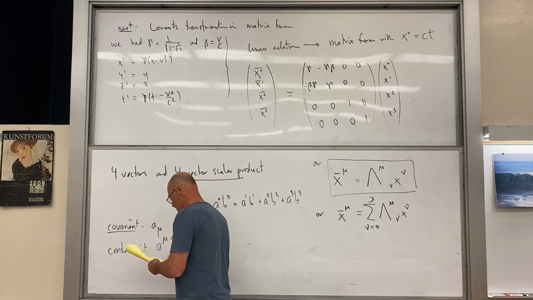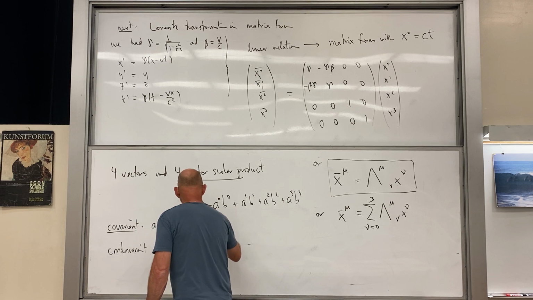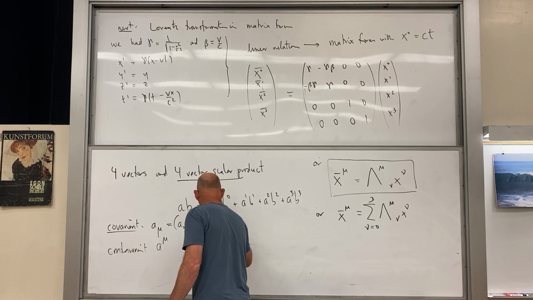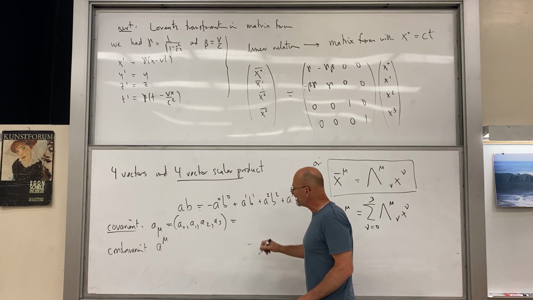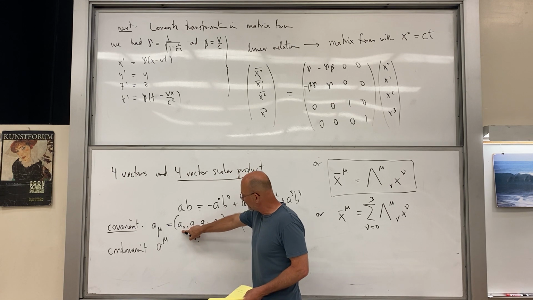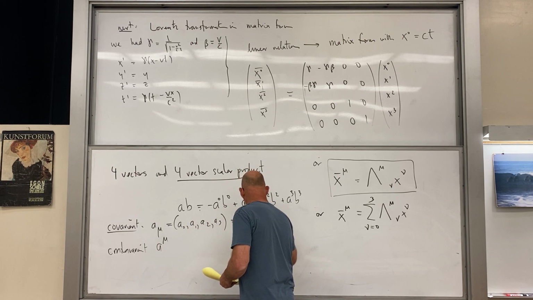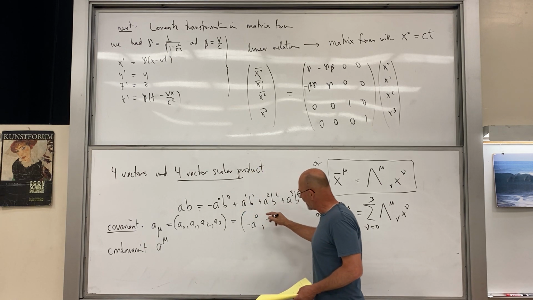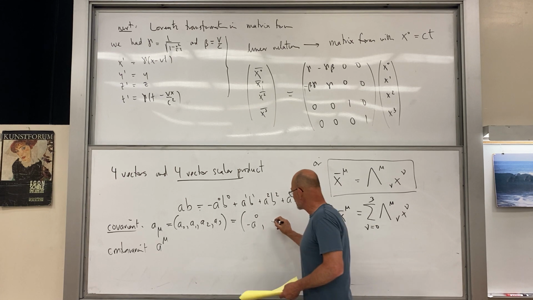For the covariant I'll go with this explicitly: A0, A1, A2, A3. But if we raise the index, we just give the first index 0 a minus sign, so minus A0. So raised or lowered gives you a minus sign. The other ones stay the same.